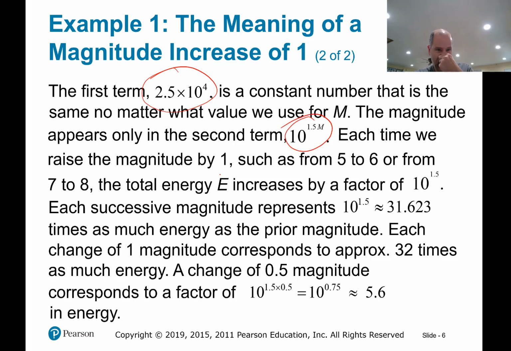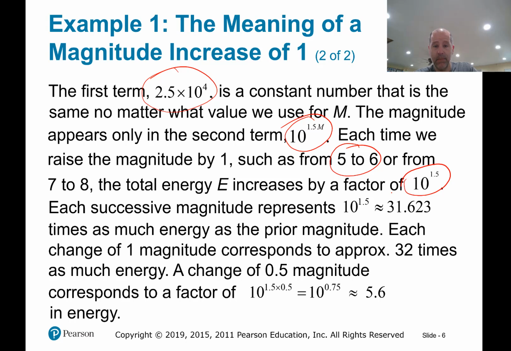Now, each time we raise the magnitude by 1, like I said before, we can go from 1 to 2, 2 to 3, 5 to 6 like they say here, the increase is going to be by a factor of what? 10 to the 1.5, right?